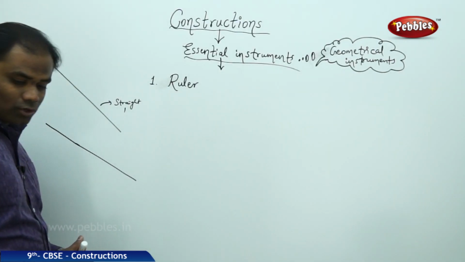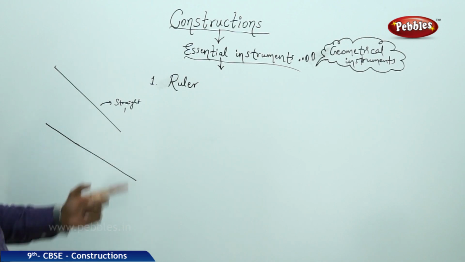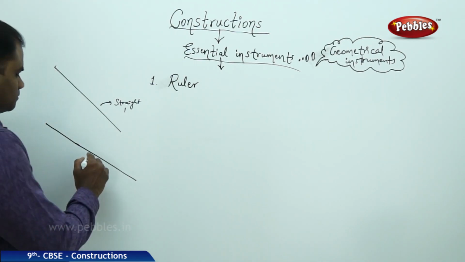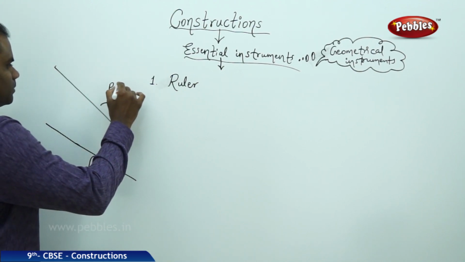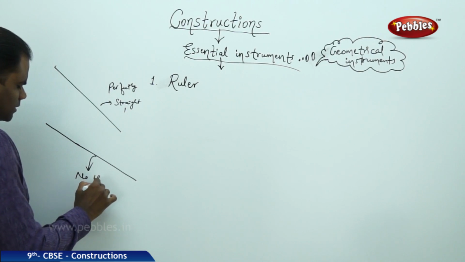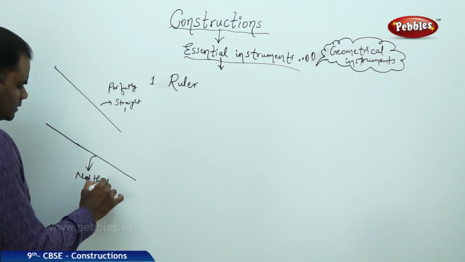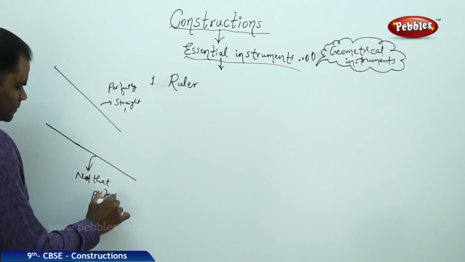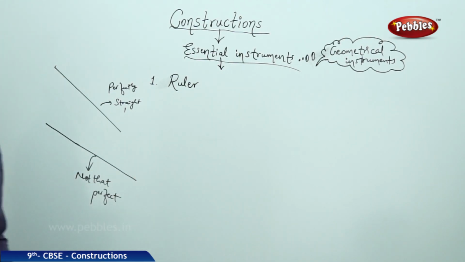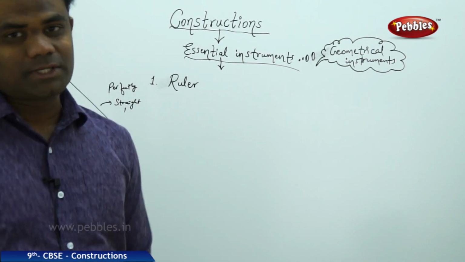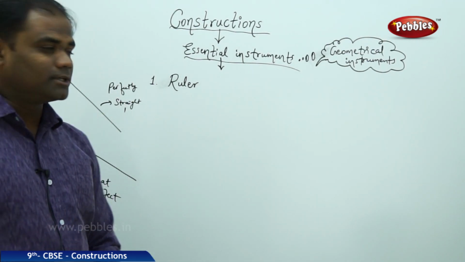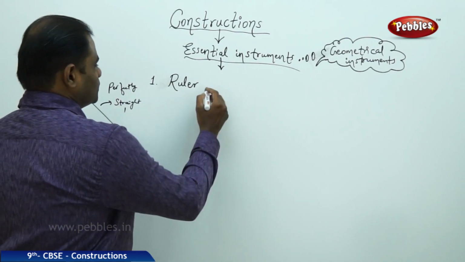A line drawn with a ruler, as given here, gives me an exactly straight line. This one is perfectly straight and this one is not that perfect, because it is randomly hand drawn. This is how we understand the basic introduction of the first essential instrument, which is the ruler.